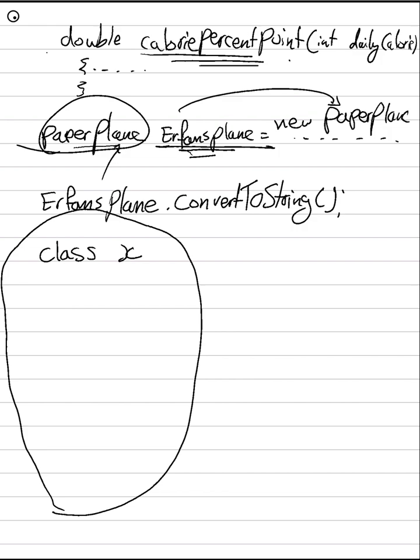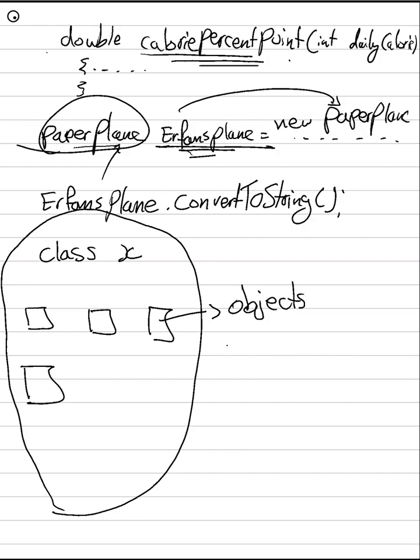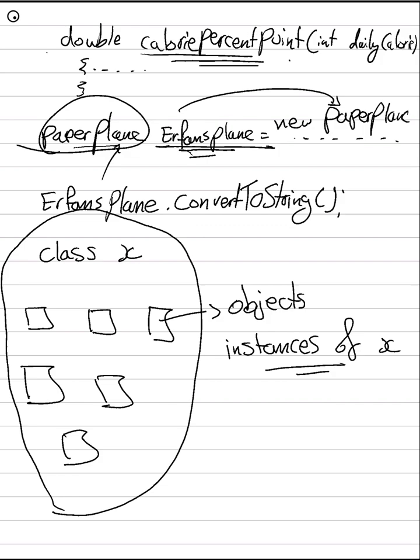Inside of this, you have a bunch of examples of these categories, and we call these examples objects or instances of X. For example, if it's class food, a strawberry is an object. It's an instance of food.